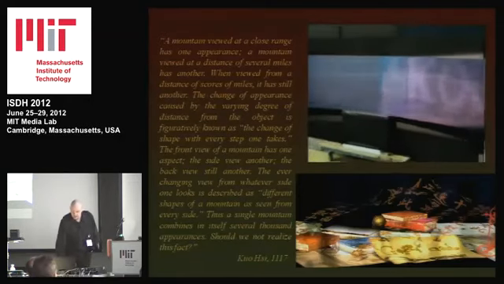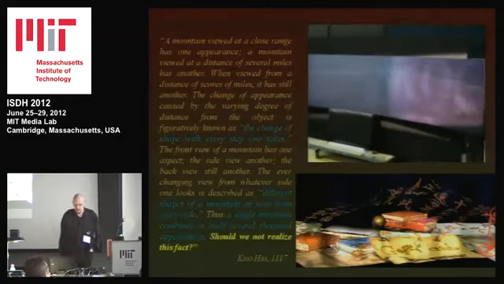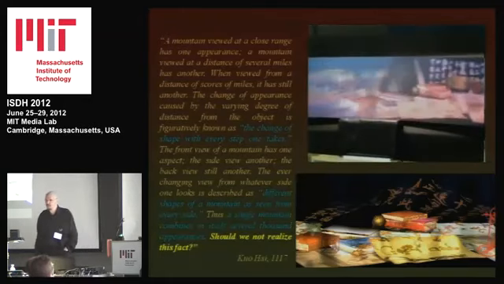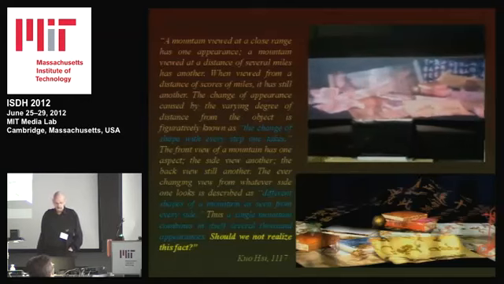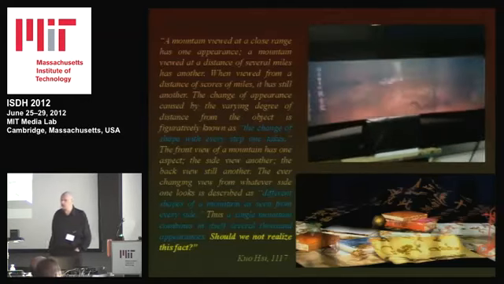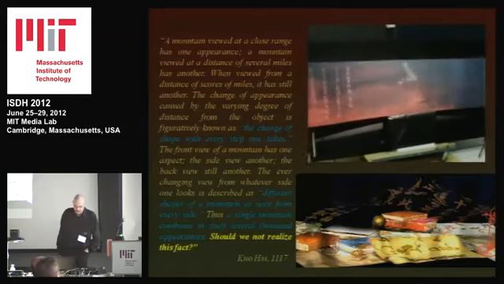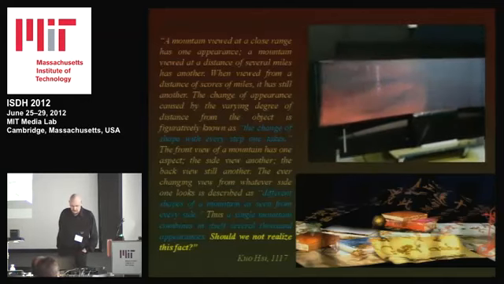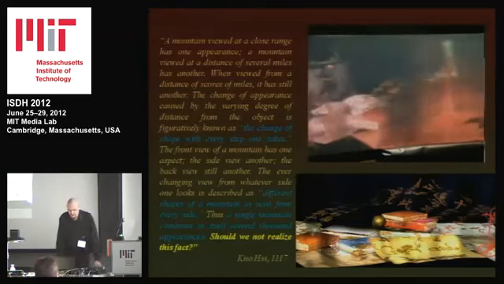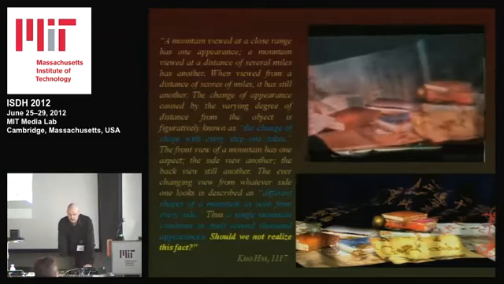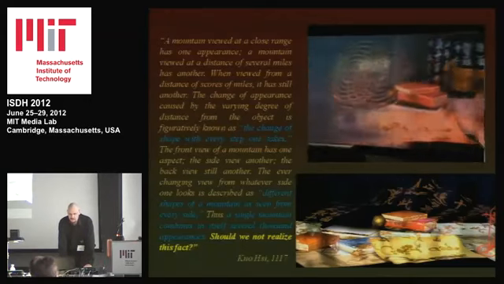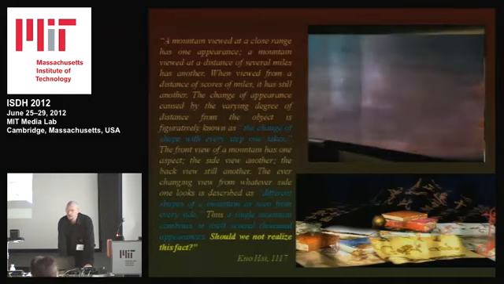The text that you have on the left brings a few things that I think are very interesting. He described the variation of distance when you look at a mountain as the change of shape with every step one takes. And he also says that when you vary your point of view, you have a different shape of the mountain as seen from every side. Then he concludes by saying a single mountain combines in itself several thousand appearances.